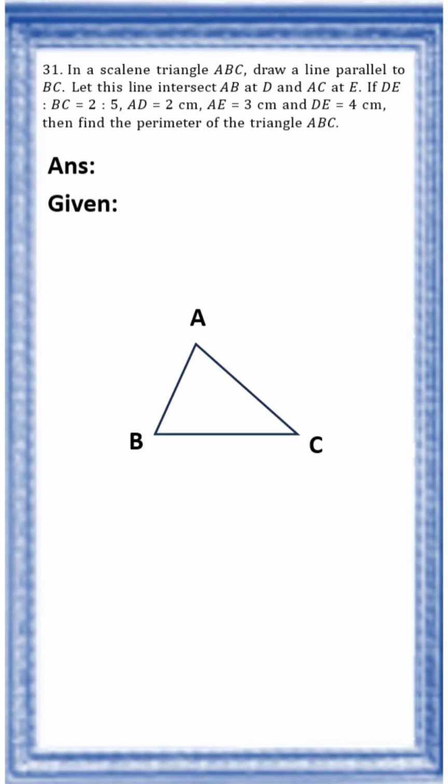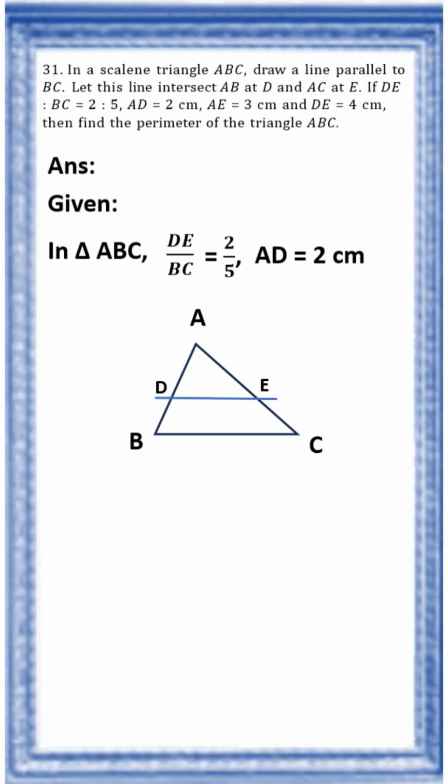In triangle ABC, we have to draw a line parallel to BC such that it cuts AB at D and AC at E. It is also given that DE upon BC is equal to 2 is to 5, means 2 by 5.